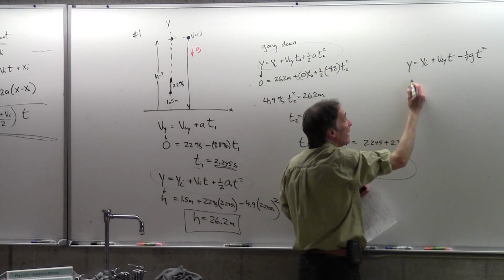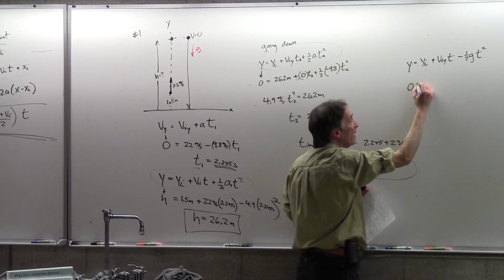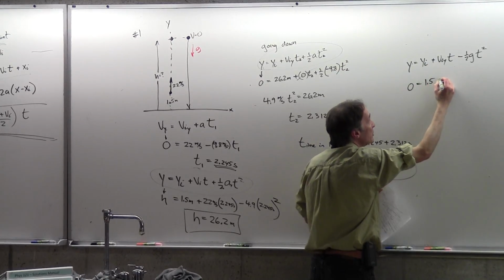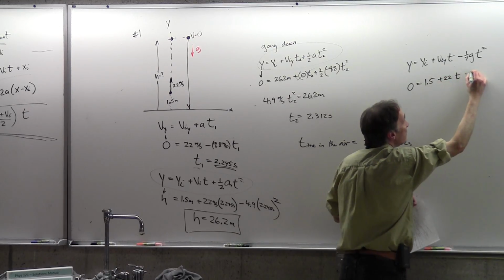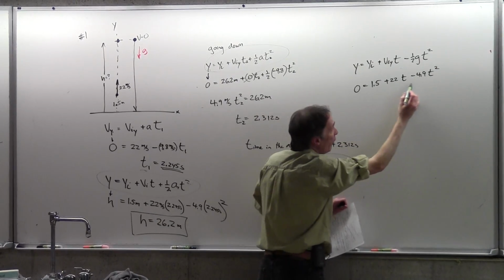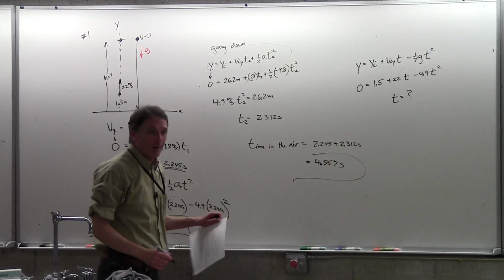This will be good. I can say when I'm going to end up at the very end, that's going to be 0, my initial position was 1.5, my initial velocity was that 22, times t minus 4.9 times t squared. And I can solve this one for the time in the air.